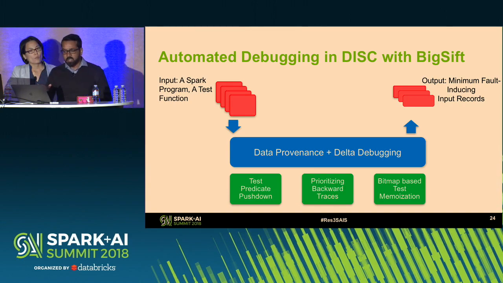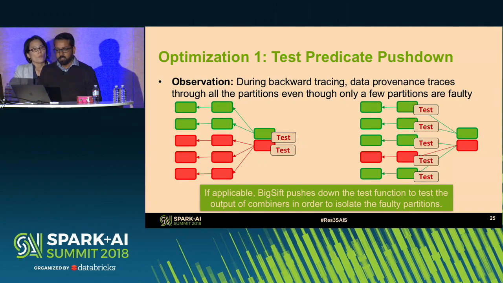For the rest of my talk, I won't go into the details of how data provenance and delta debugging work, but I'm going to go into what these optimizations are. By looking at the backward traces of different programs, we observe that sometimes when we do a backward trace, only a few partitions are actually responsible for producing a faulty output. This gives us the idea: why not just test individual partitions rather than the actual output of the program?